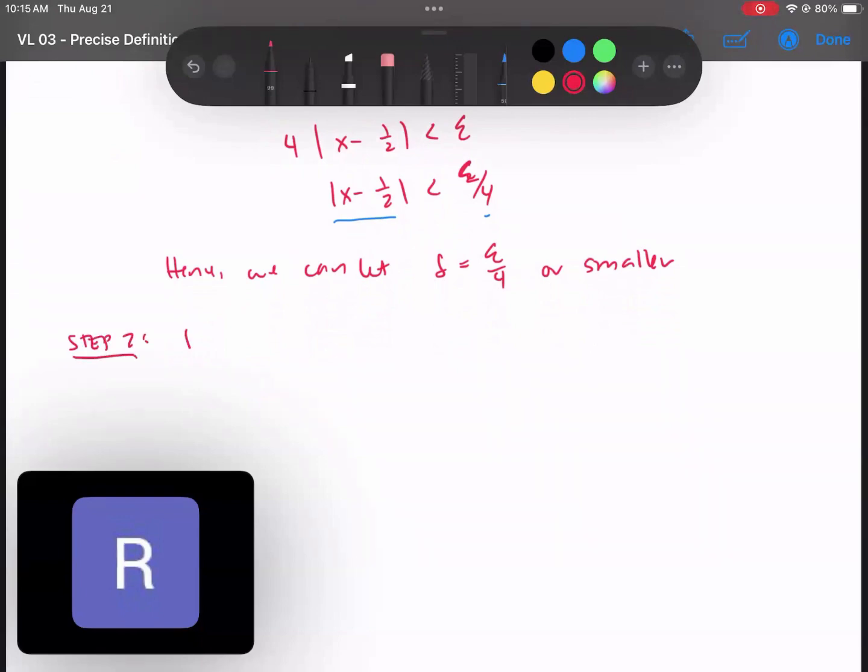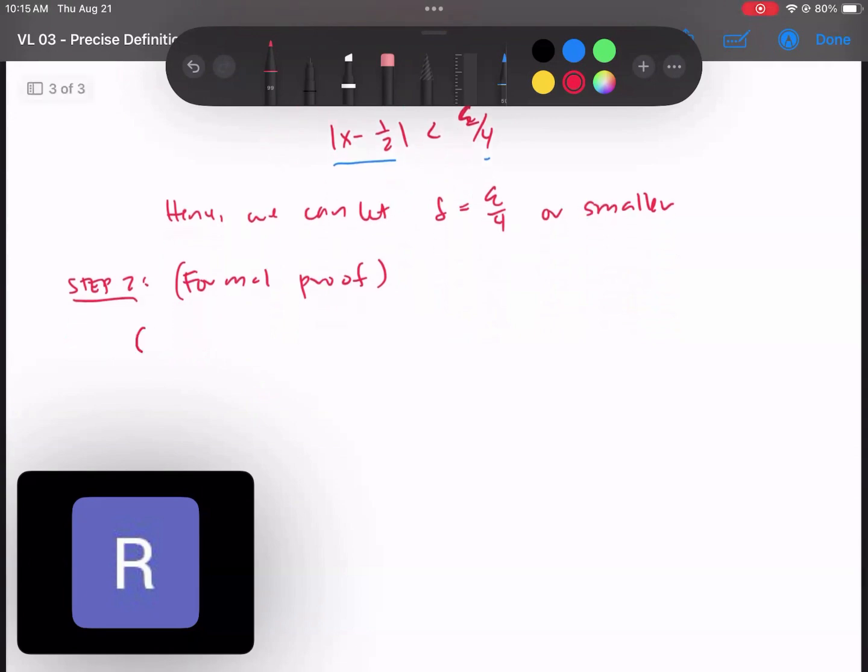So now we have step 2, which is formal proof. So in our formal proof, we just state the definition as given, but we now also specify a value for delta. So given any epsilon greater than 0, let delta equal epsilon over 4.